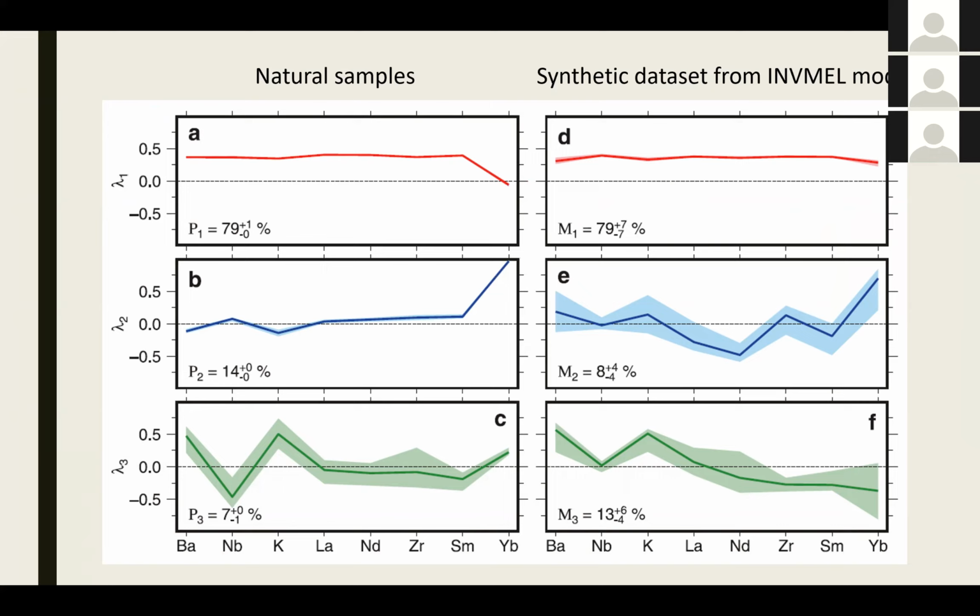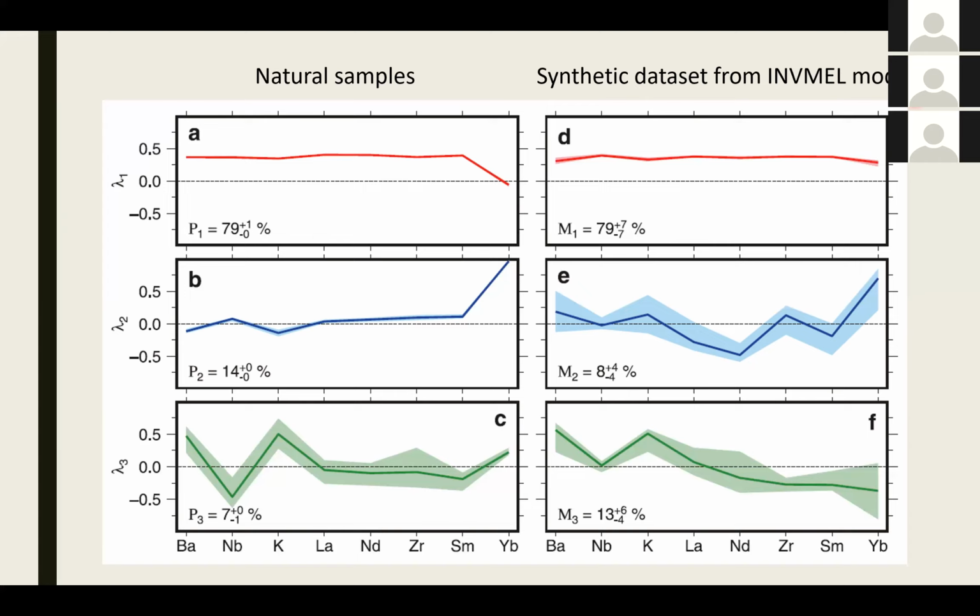So to determine how the thermochemical structure of the mantle controls the melt composition, they use this PCA to analyze a suite of 8 incompatible element concentrations, which are taken from the filtered and binned version of the database. And they also construct a synthetic data set from this model called INVMEL.